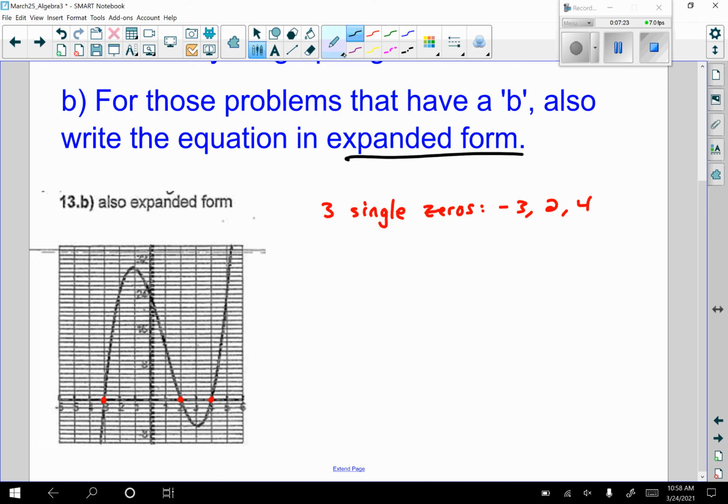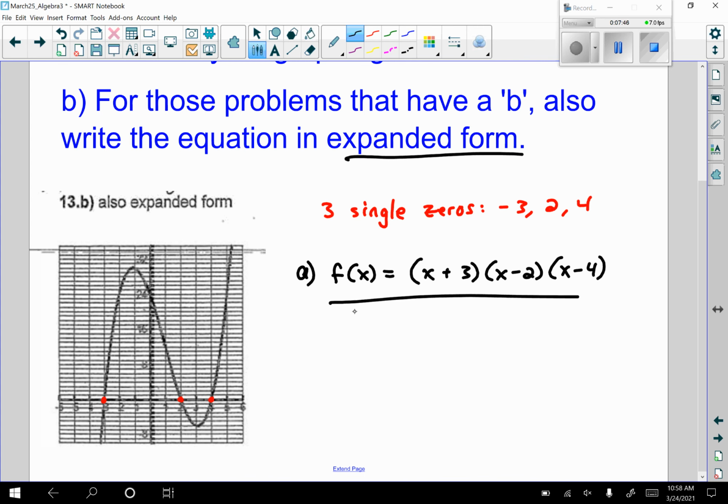So to answer part A, our equation f of x: if we have a 0 of -3, we're going to have x minus a -3, or we just do the opposite, a factor of x plus 3. If we have a 0 at +2, then we're going to have a factor of x minus 2. And if we have a 0 of +4, then we're going to have a factor of x minus 4. So this is factored form for part A.